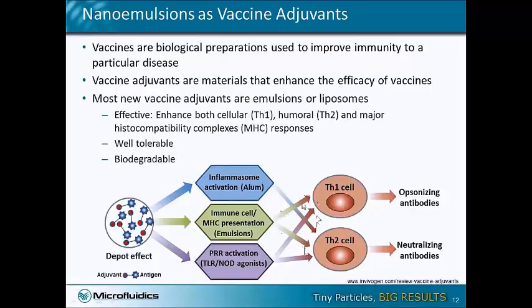This makes them very interesting adjuvants because they can be used for vaccines targeting diseases which require a Th1 type of response. Also, the formulation of nanoemulsions or liposomes can be adjusted so they're very well tolerated by the human body, and biodegradable ingredients can be used.